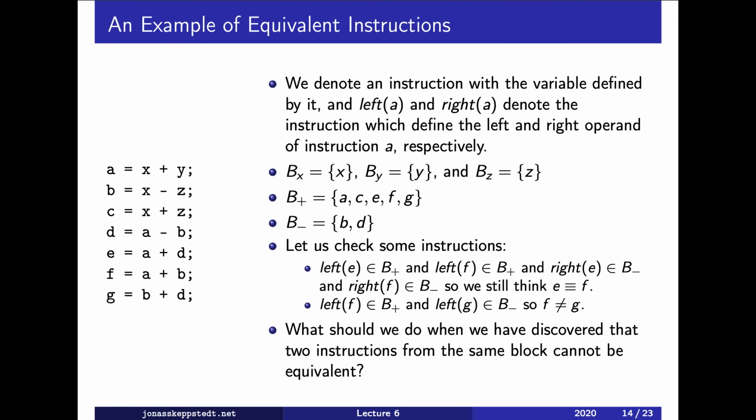They don't have to be equivalent to the other one, but we just put all which are equivalent to one of the instructions, they will still be in the same block, and all others in another block.